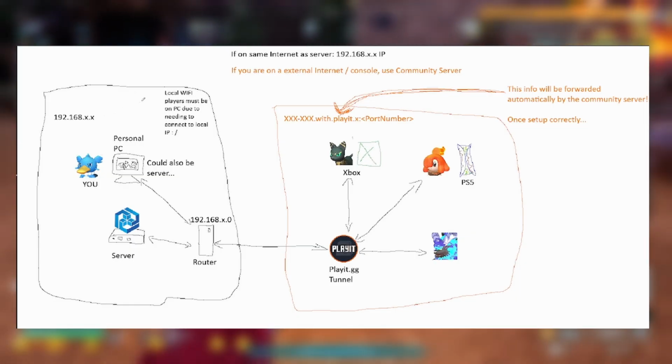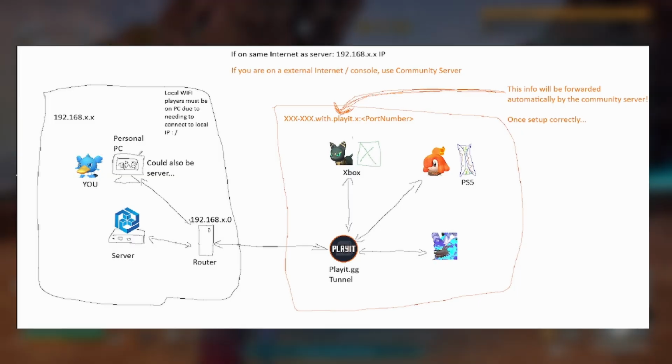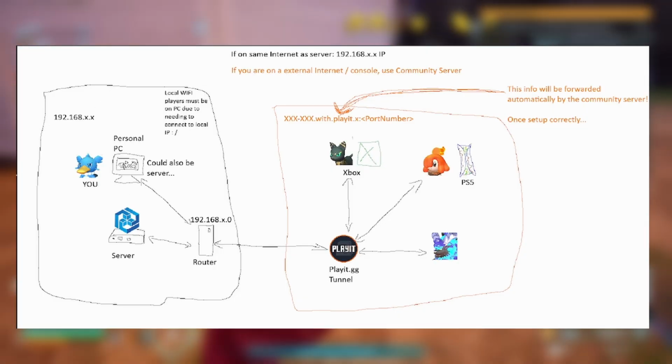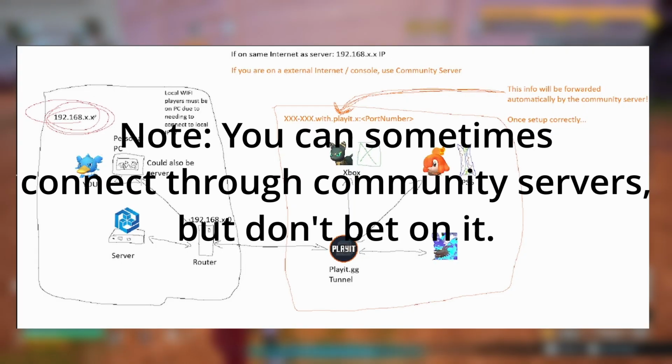On the left here, if you're connecting to your own server, you have to use the 192.168.x.x address. You can find it by typing in something like ip addr or ipconfig on Windows, and that will give you the IP of whatever device is hosting your server. Then you want to connect to that IP when you get to the login page, because you can't connect through the community server.